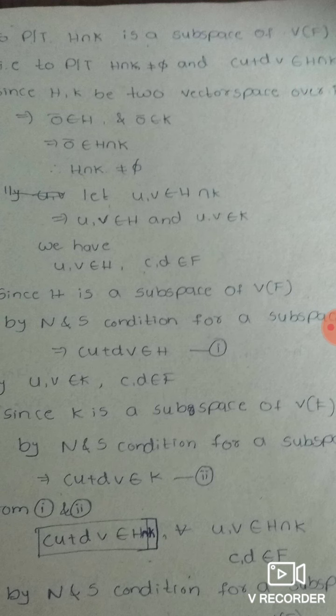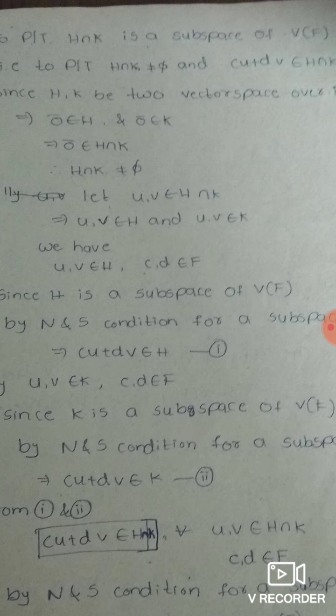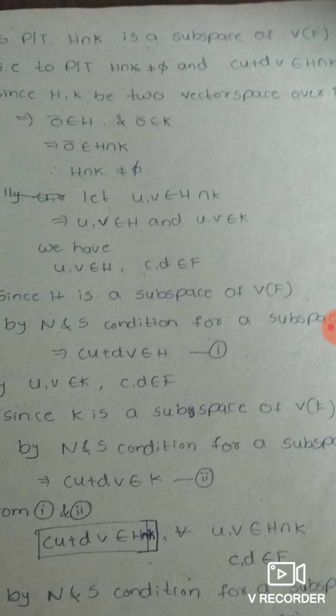Next, similarly, U, V belongs to K and C, D belongs to F. Since K is a subspace of V of F, by the necessary and sufficient condition for a subspace, we write Cu plus dV belongs to K. This is equation 2.